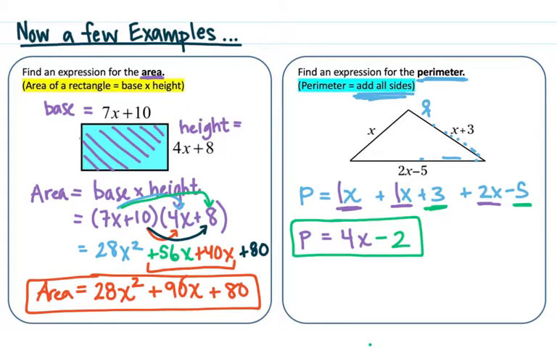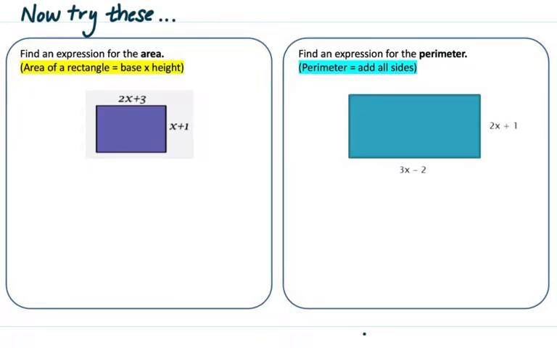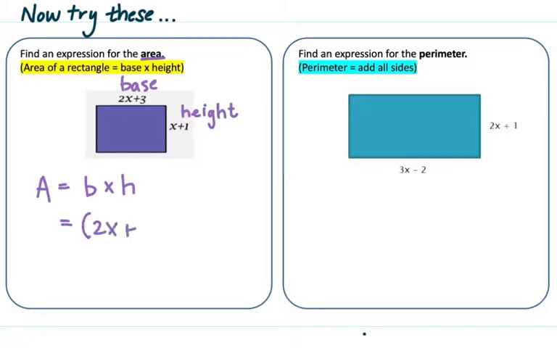Let's do, I think, 2 more examples. So hopefully it becomes easier and easier. Look at this one. This one is talking about area. And if we remember, area is base times height. Now again, it doesn't really matter which one you label as base and which one you label as height, because we're just multiplying them anyway. 2x plus 3, in this case, times x plus 1. Again, we like to simplify using FOIL. The first term times the first term, 2x times x is 2x squared.